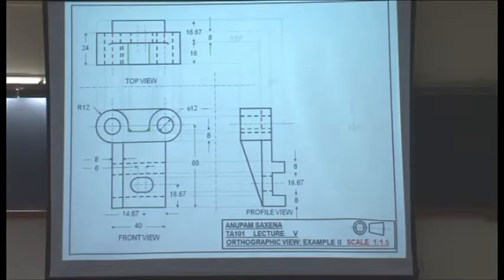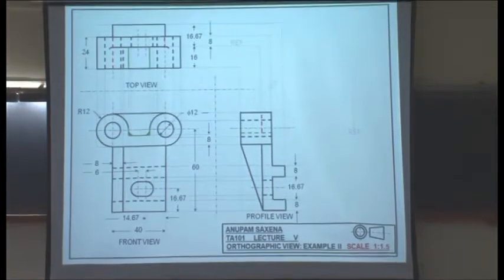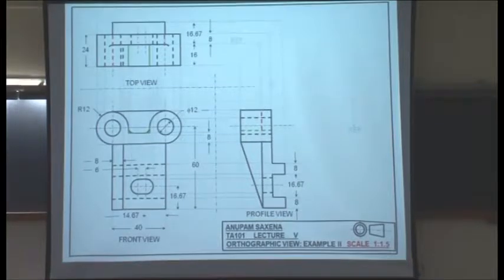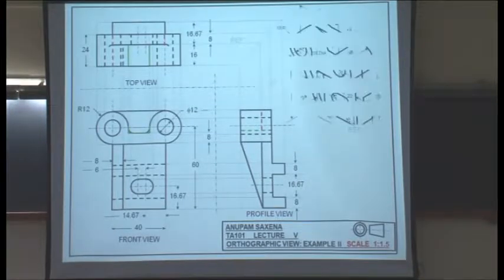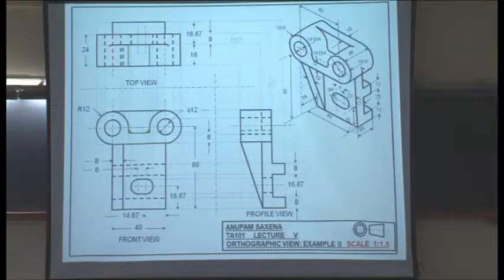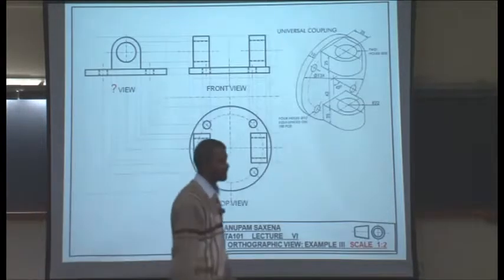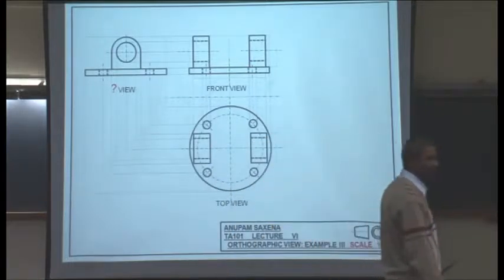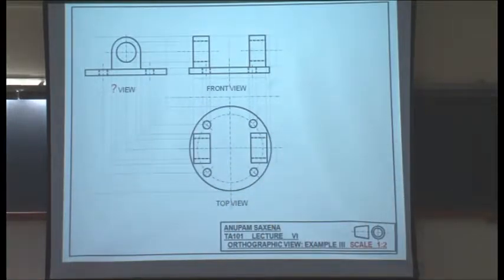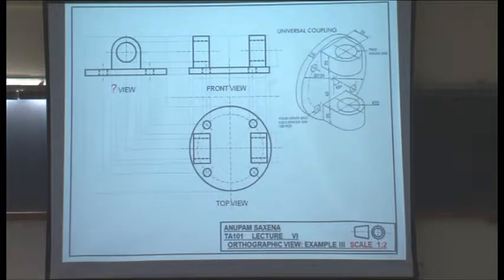Another example. What if I don't give you this? Even more difficult? Yeah? But if I give you this, then you have a fairly good picture of what an object would look like. Third example. If I don't give you this, things might be a little difficult for you to interpret, but if I give you this, you're fine.